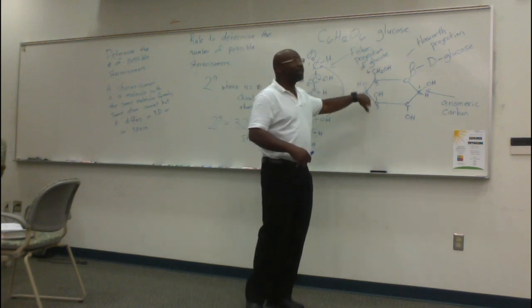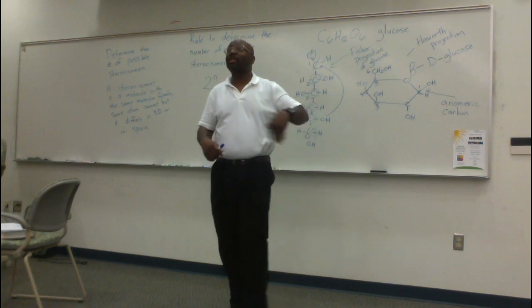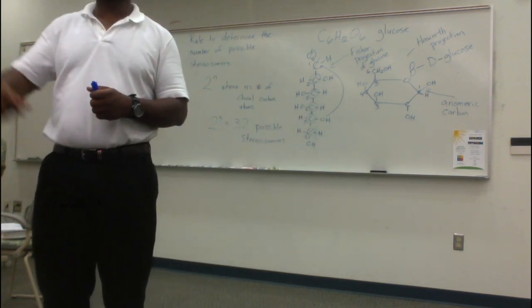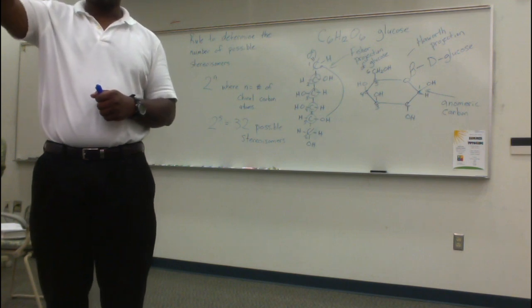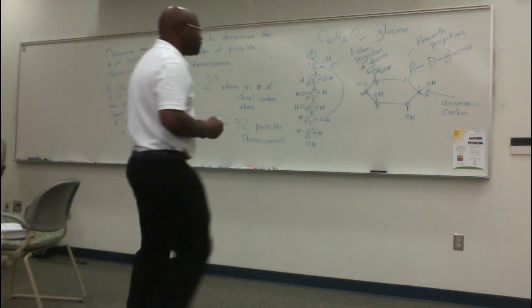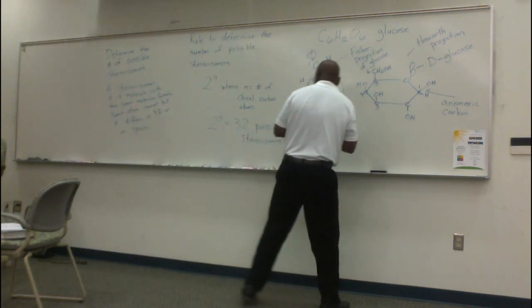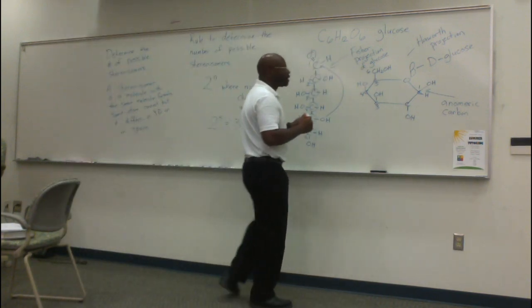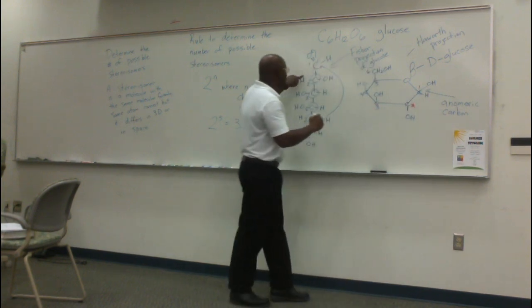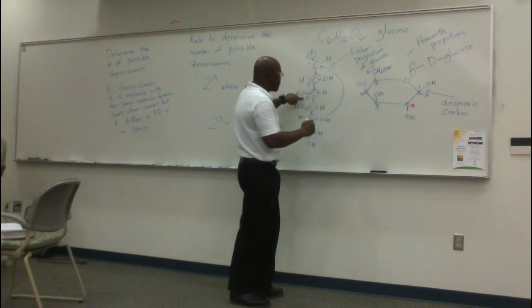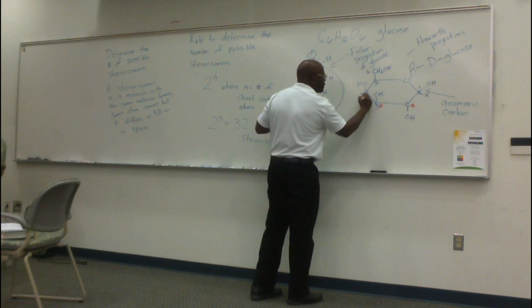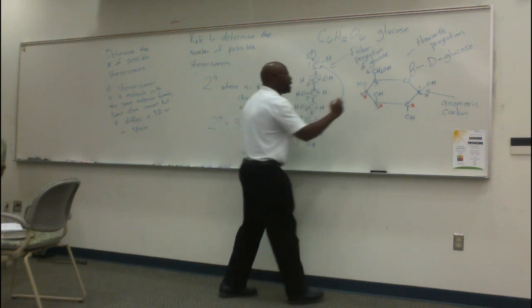even in a molecule of glucose, you have a whole bunch of chiral carbon atoms. In fact, glucose not only has 4 chiral carbon atoms, it actually has 5. So we'll start with the chiral carbon atoms of glucose. Carbon number 2 is chiral. Carbon number 3 we already said was chiral. Carbon number 4 we said was chiral. Carbon number 5 we said was chiral.